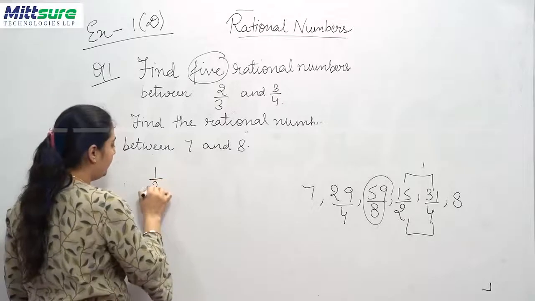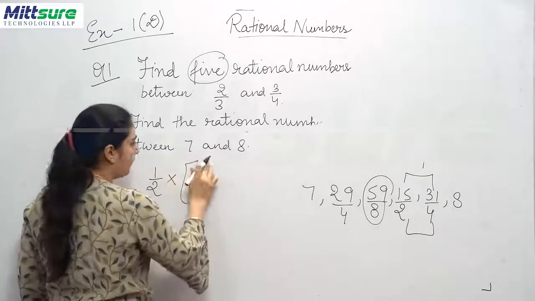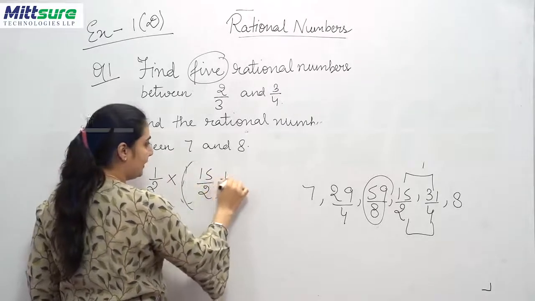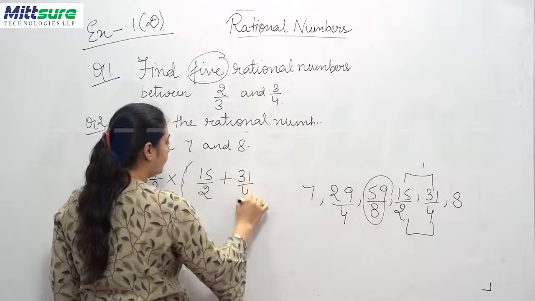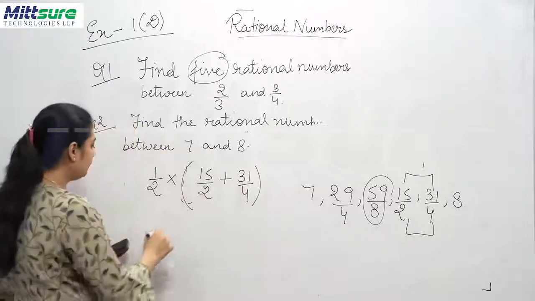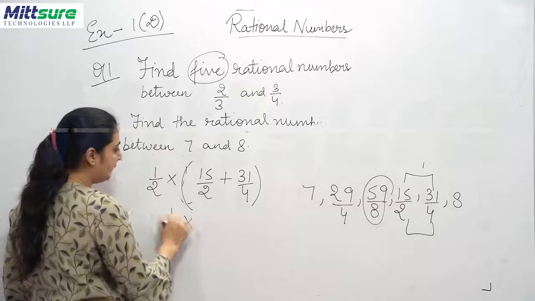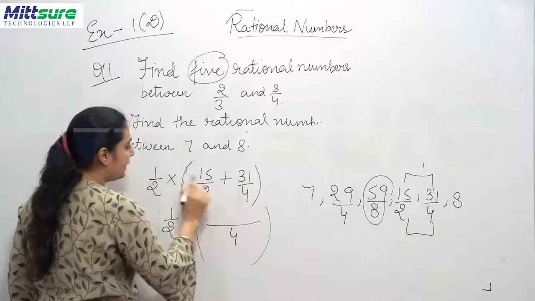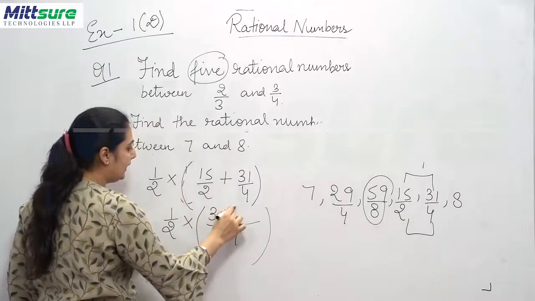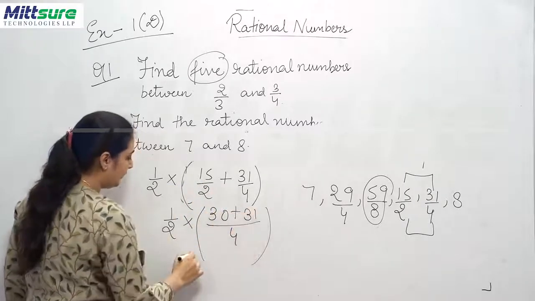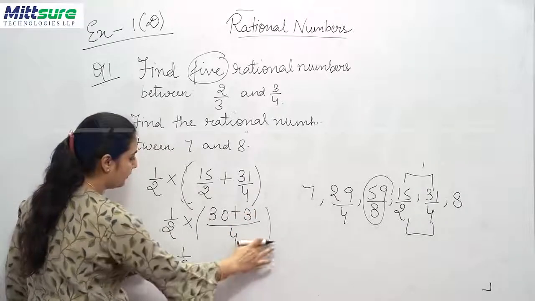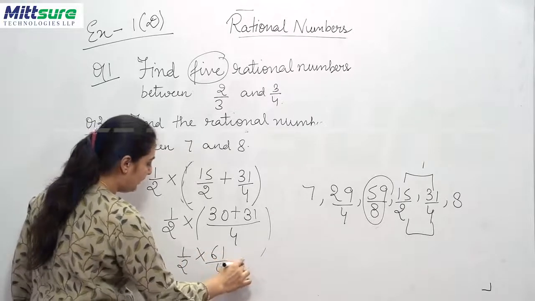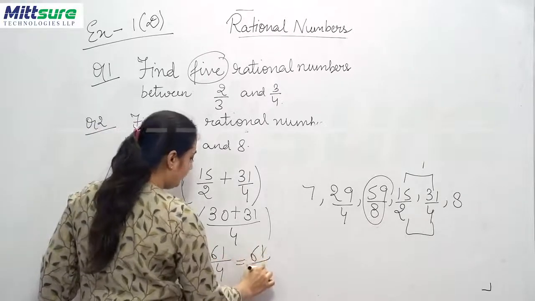So, 1 upon 2 outside the bracket. Inside the bracket, 15 upon 2 plus 31 upon 4. Clear? Now, 1 upon 2 multiplied by LCM taken as 4. 15 will get changed to 30, plus 31. So, 1 upon 2 multiplied by 61 upon 4 will give you 61 upon 8.